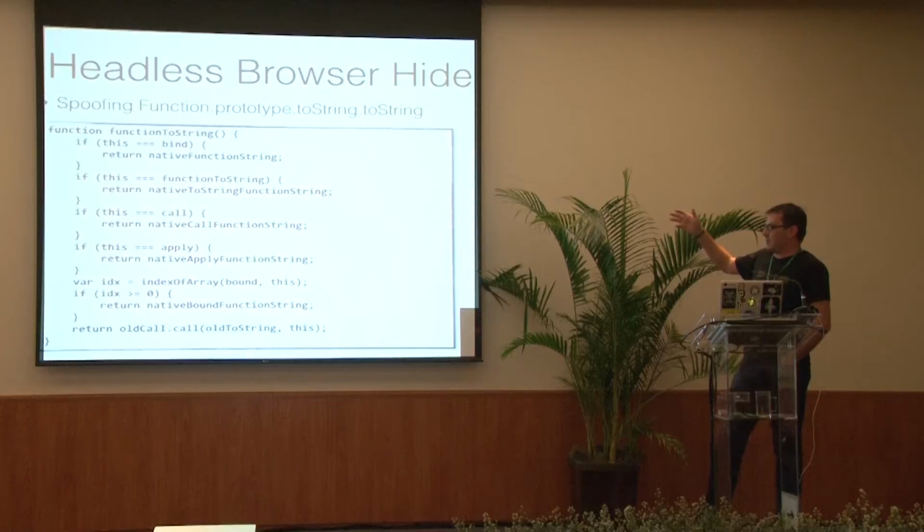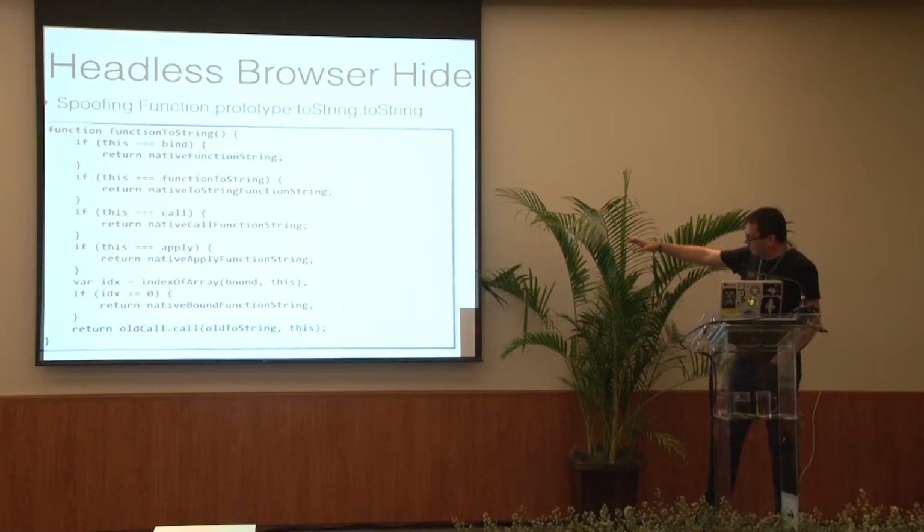And then also, JavaScript has ways of calling a function by not actually calling the function, but applying the call method or apply method. So it's going to be your function.call or your function.apply. You want to spoof them as well. And for example, indexOf of array.